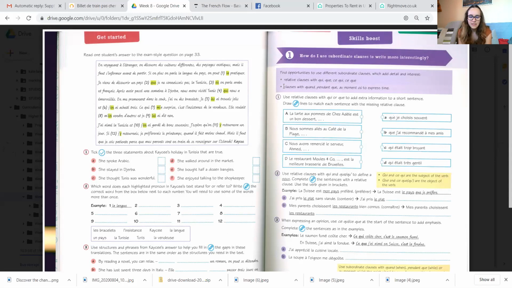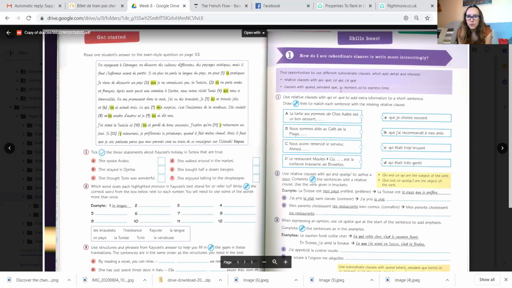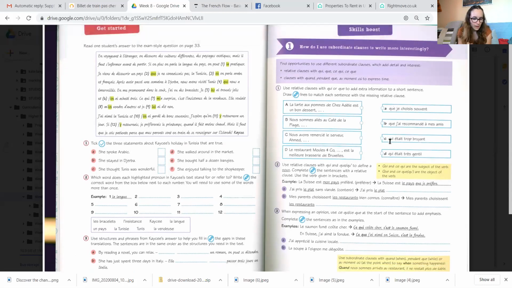It's basically embedding two verbs together, one clause into another. That's how we call it. So that would be how we try and extend our sentence using complex structure.